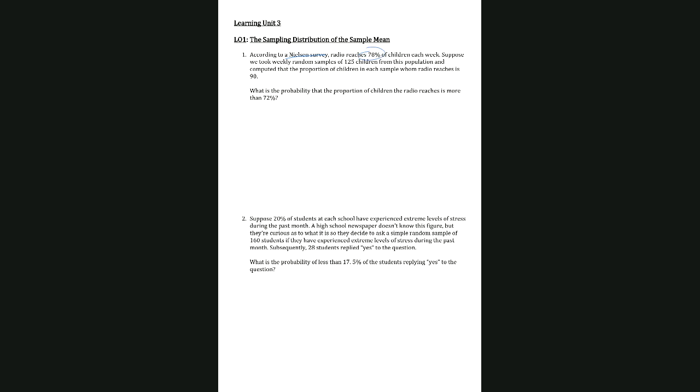And again, I said to you previously that when we're working with mean values and proportion values, what helps us to identify whether we're working with a mean or proportion is for a mean, they'll give you an average figure. Or they'll say to you that this is the mean number of dot, dot, dot.